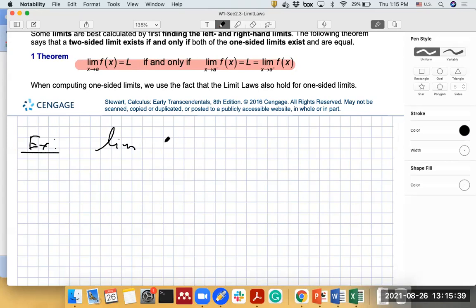Limit when x approaches 5 of 2x squared minus 3x plus 4. What is it? Try to do it yourself, and we'll see.